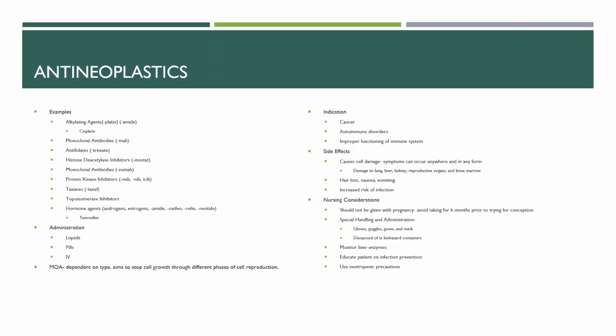Then we have our antineoplastics. This is another form of chemotherapy. And there's multiple different classes of it. So there's alkylating agents, which end in either amide or platin. And the most common that we'll see is cisplatin.